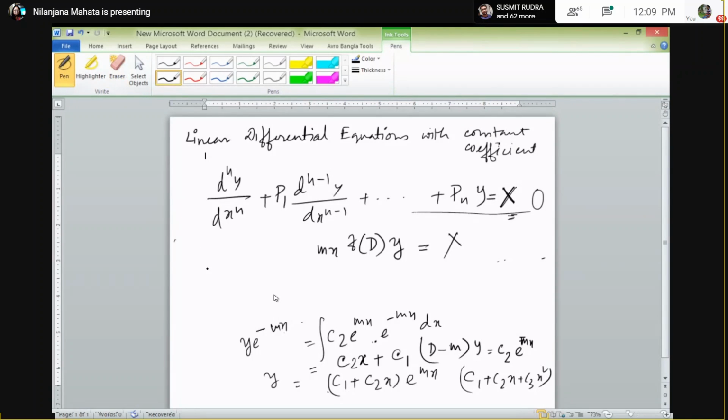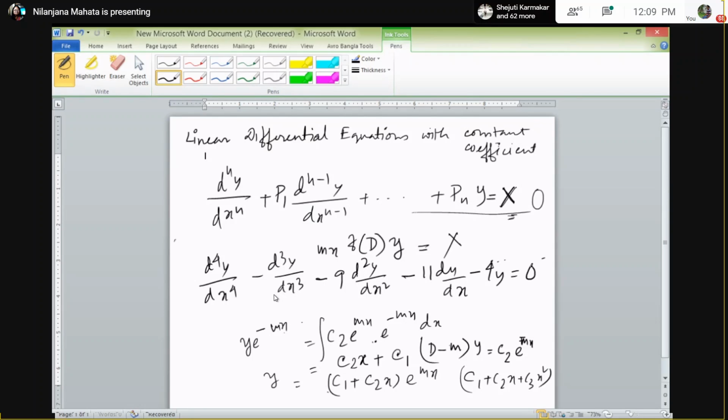Suppose another example will be like x d⁴y/dx⁴ minus d³y/dx³ minus 9 d²y/dx² minus 11 dy/dx minus 4y. Tell me what will be the roots of this auxiliary equation.